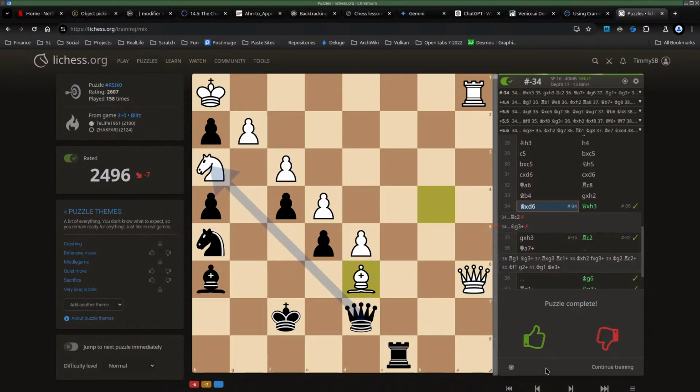So at this point you should see that, well, I can take the knight, because if he takes back and I put my rook there, then I threaten mate with my knight, and he cannot defend that. Because the only way to defend it is with the rook here. But I play the knight anyway, and then if he takes it, I take with the pawn, and I'm a whole queen down.